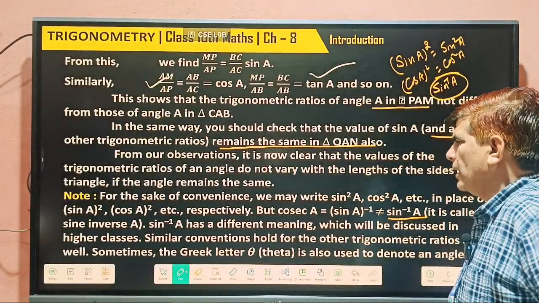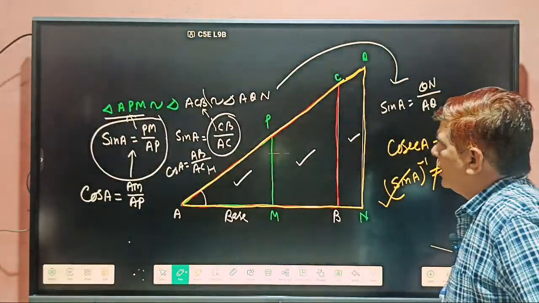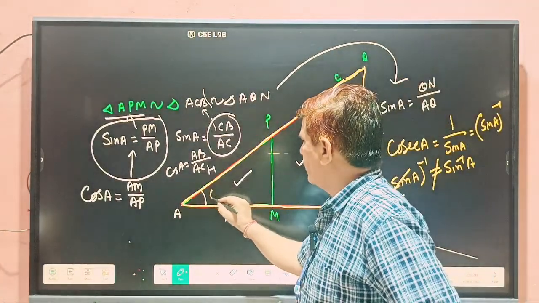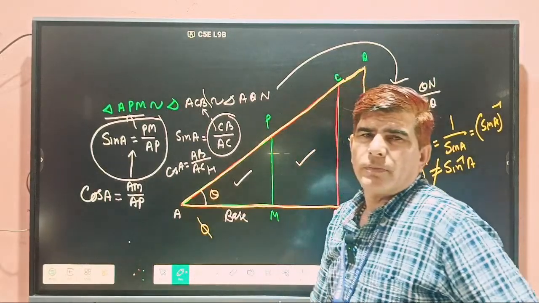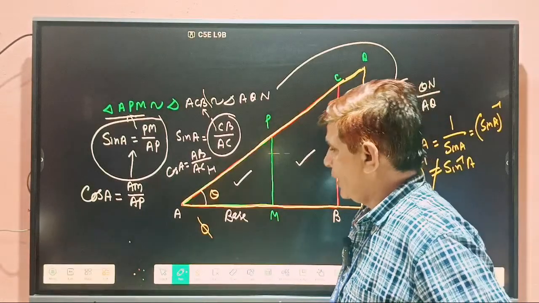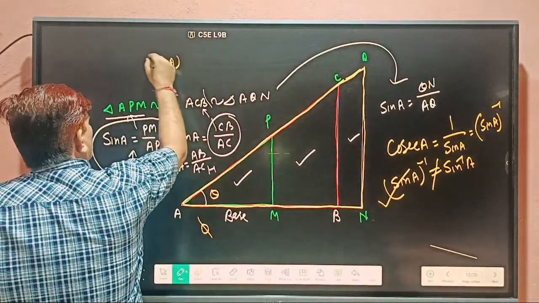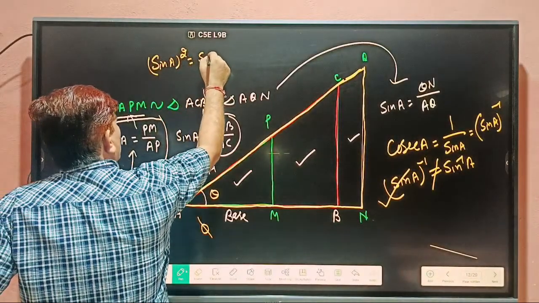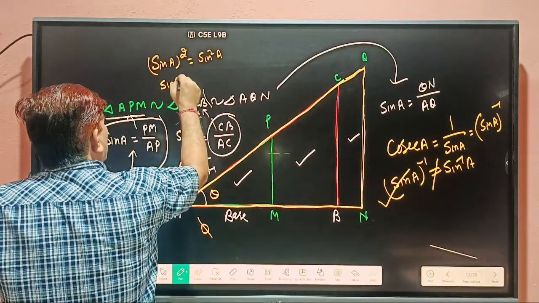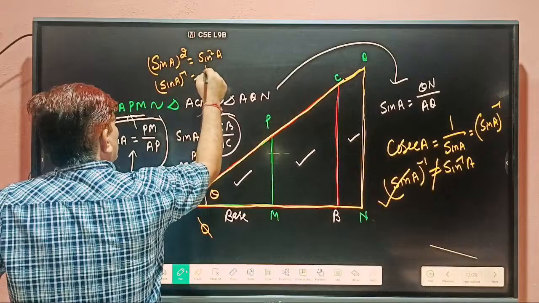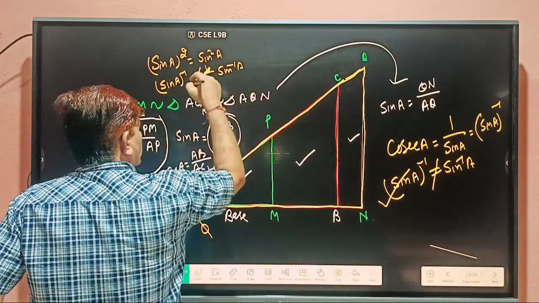Well, sometimes the Greek letter theta is also used to denote an angle. So already I told you, in place of A, sometimes we use theta, sometimes we use phi. These are Greek letters. Here you can write sine A whole square like this, sine square A. But if you write it like sine inverse A, that's wrong.